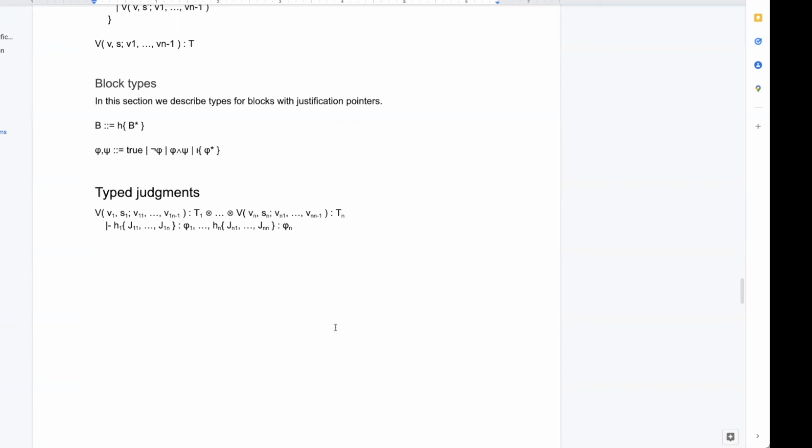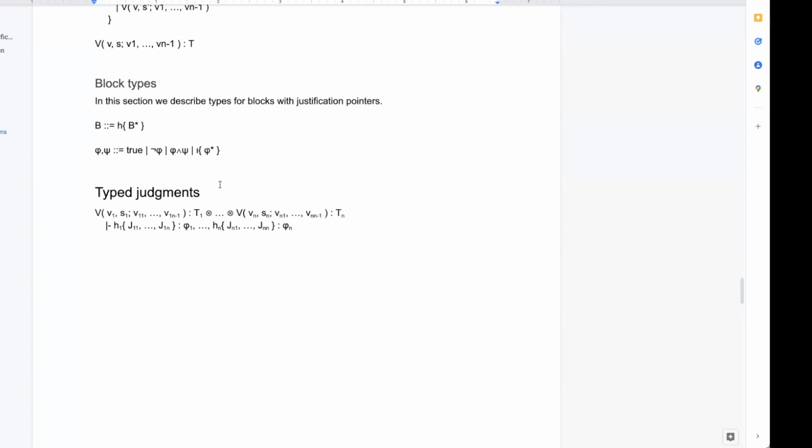Makes sense to me. I note that in HN with the collection of blocks JN1 through JNN, that notation implies that all blocks have the same type phi n. No, phi1 is governing this one, and phi n is governing that one. At the very end of the expression, HN, JN1 to JNN, colon phi n.